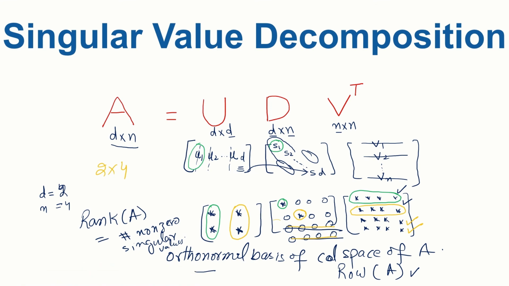Similarly, the rows of V that correspond to zero singular values in D form the orthonormal basis of the right null space of A.